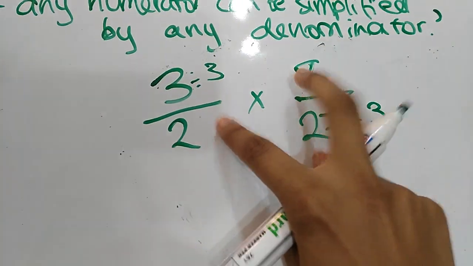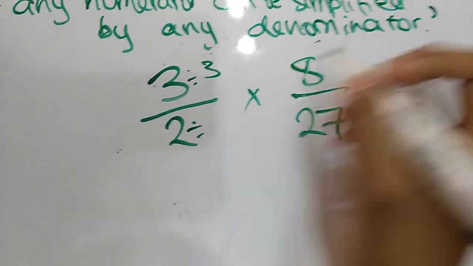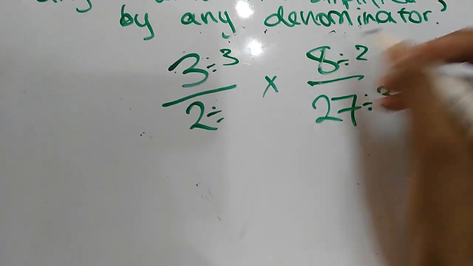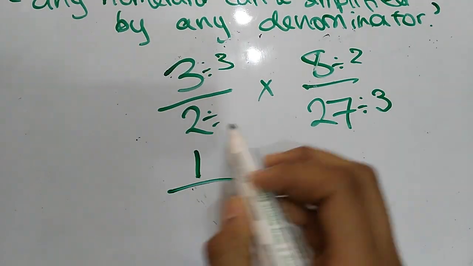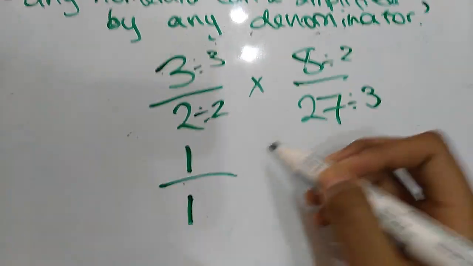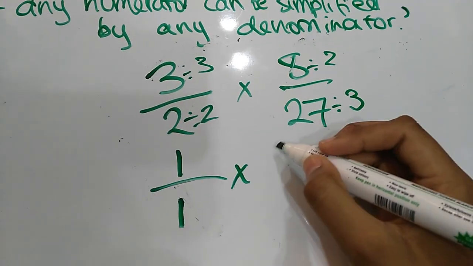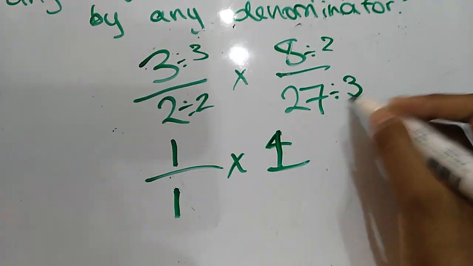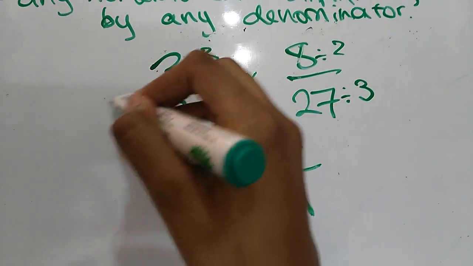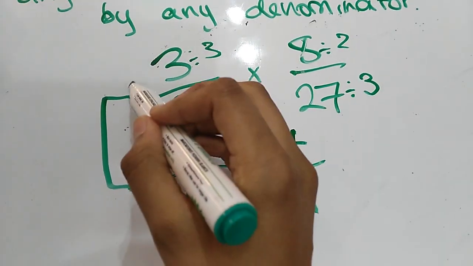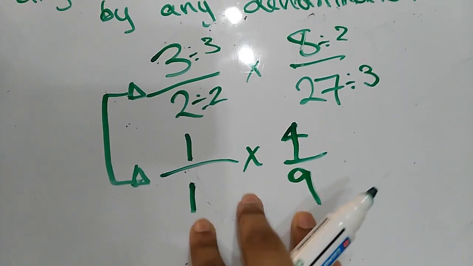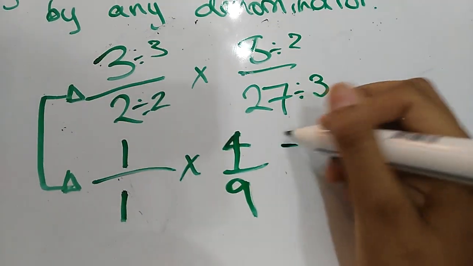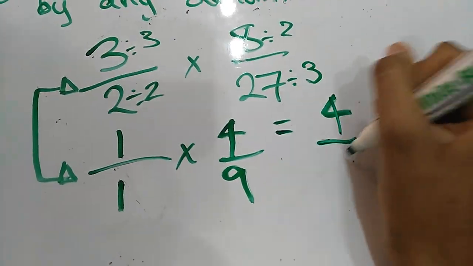Yes, both 2 and 8 are multiples of 2, so I can divide through by 2. So 3 divided by 3 gives me 1, and 2 divided by 2 gives me 1, times 8 divided by 2 is 4, and 27 divided by 3 is 9. These two equations are equivalent to each other, but this is the simplified version. So now I can just work it out: 4/9.